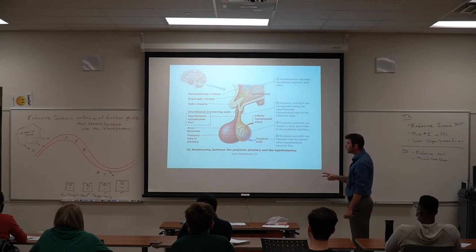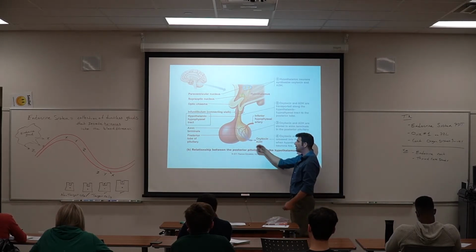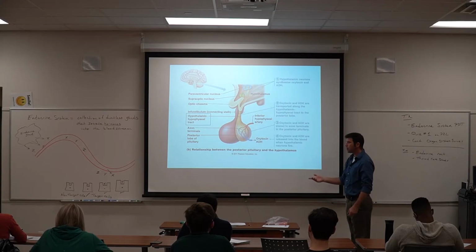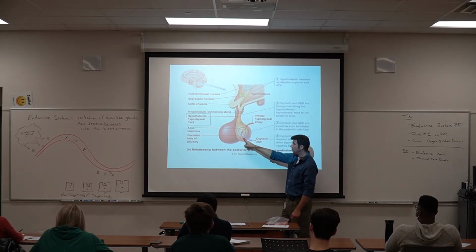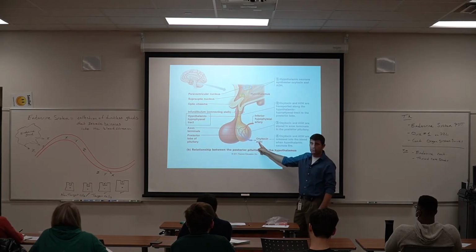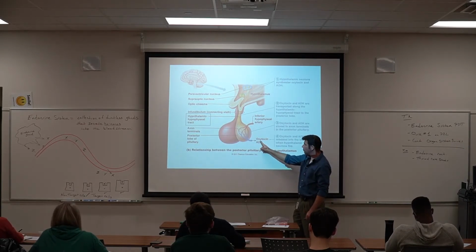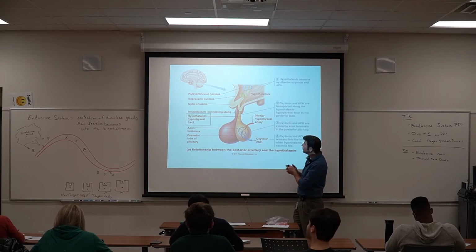There are 2 hormones released by this posterior pituitary gland, and I'm careful with my words there to say that these hormones are released from the posterior pituitary gland, but they are not produced in the posterior pituitary gland. To be clear, those hormones are produced in the cell bodies of these nuclei.